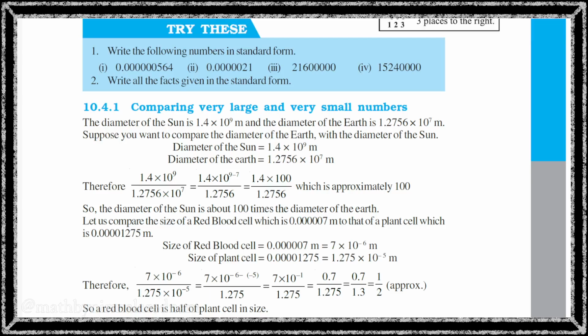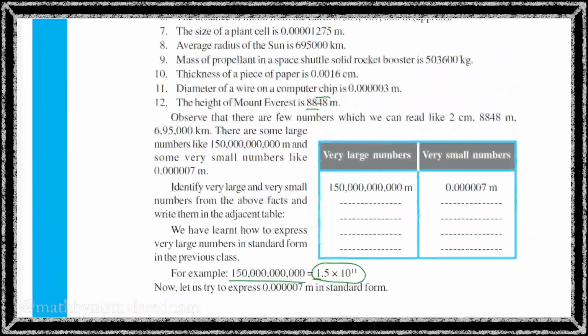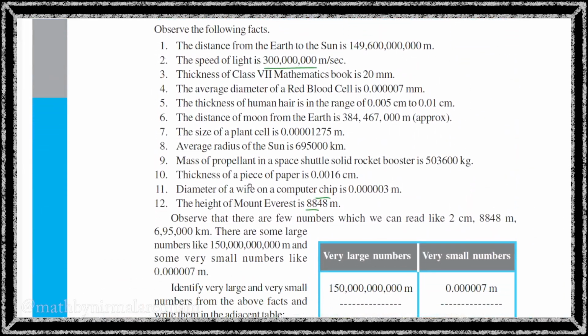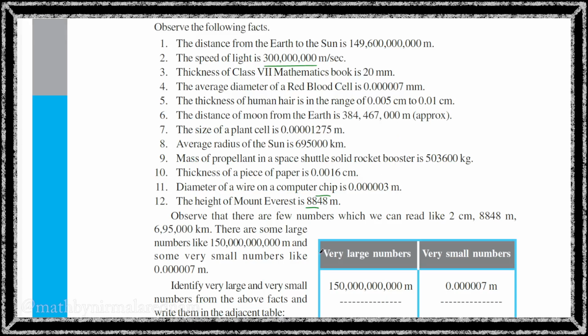Write all the facts given in the standard form. Okay, so I think we are talking about these facts. They want all of these in the standard form. Let's do that here itself quickly. So this one is going to be 1.496 into 10 to the power of, from here I have to move 1, 2, 3, 4, 5, 6, 7, 8, 9, 10, 11. 10 power 11, right?